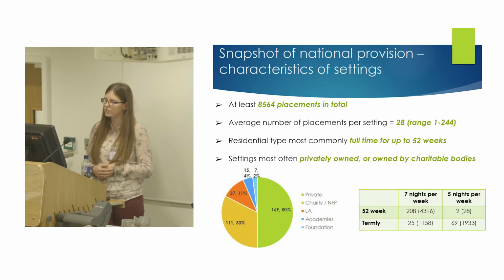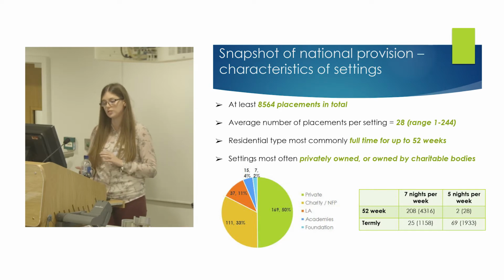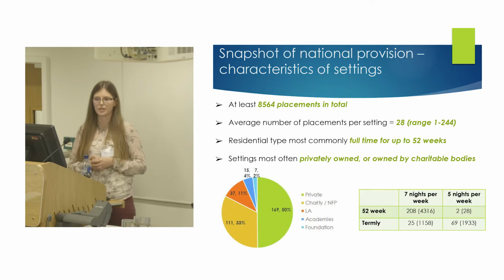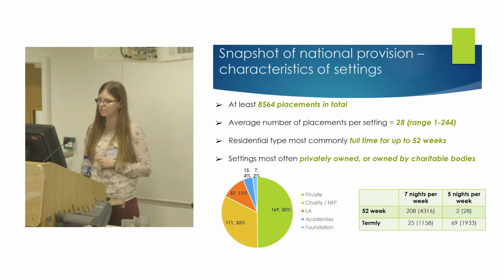But 152 were also registered for multiple categories, and 128 were not registered for learning disabilities or autism at all. So those are the social, emotional, mental health settings that I was talking about earlier that offer support, or reported that they offered support for people with ASD or learning disabilities, but weren't necessarily registered for that.